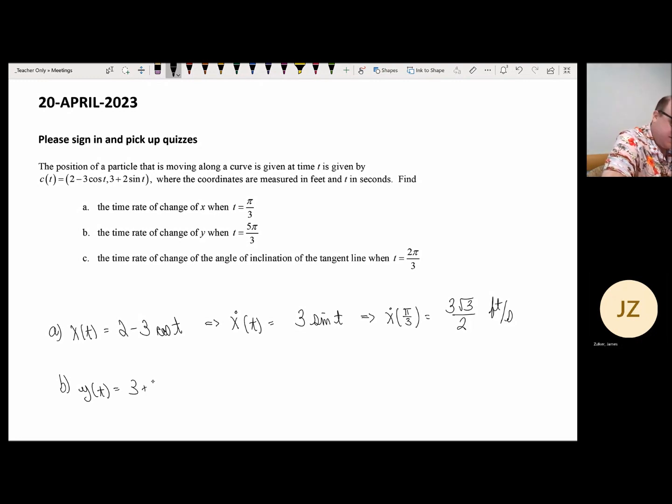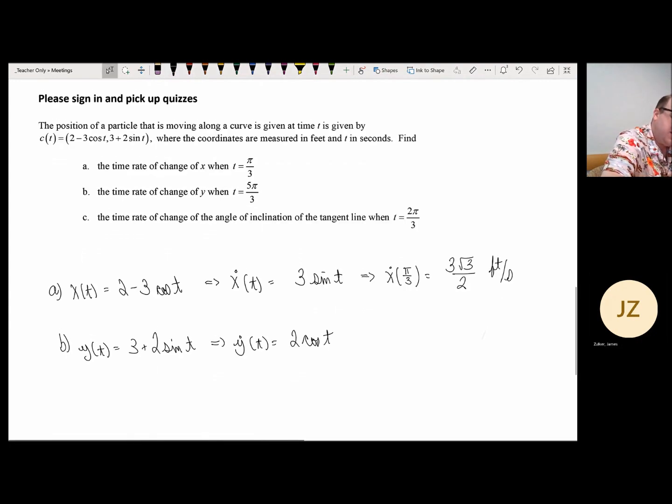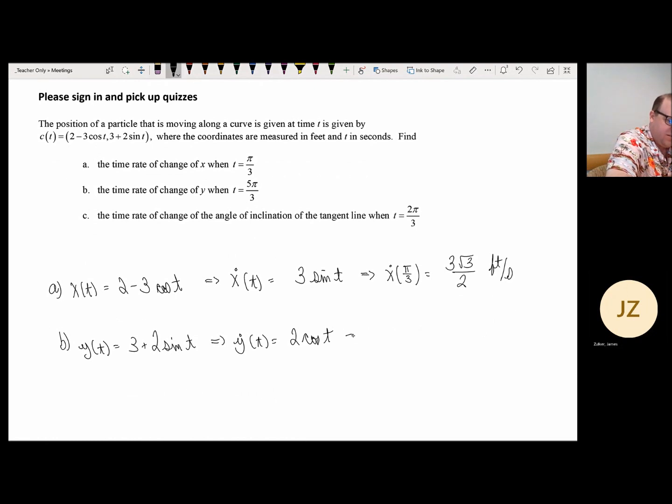y of t is 3 plus 2 sine t, which makes y dot 2 cosine t. Cosine of 5 pi over 3.